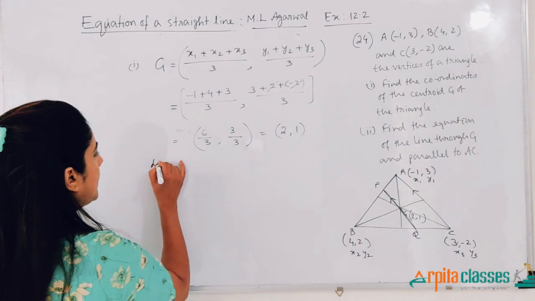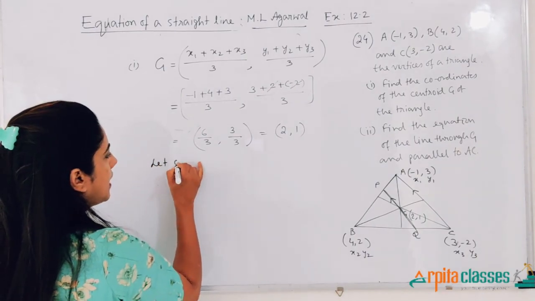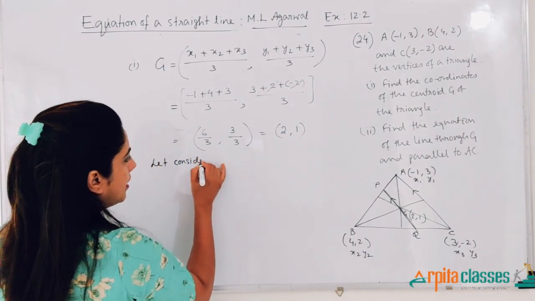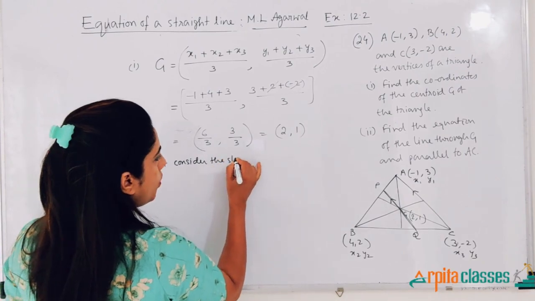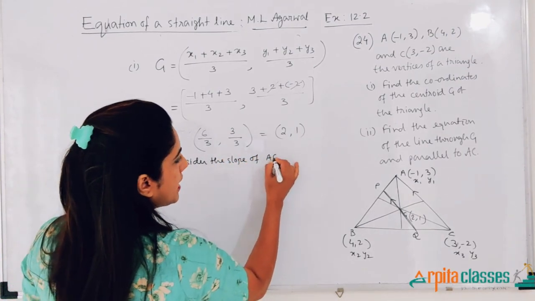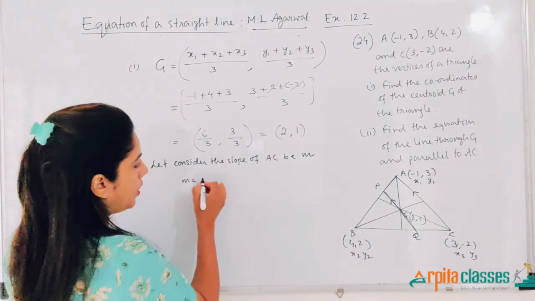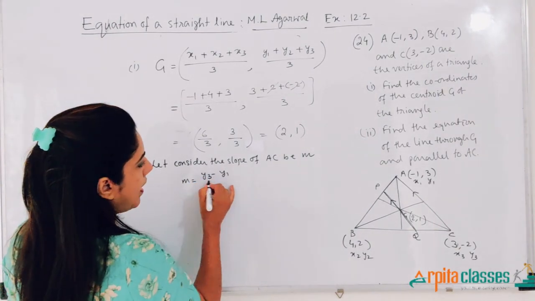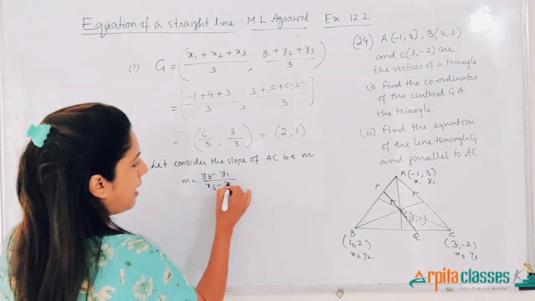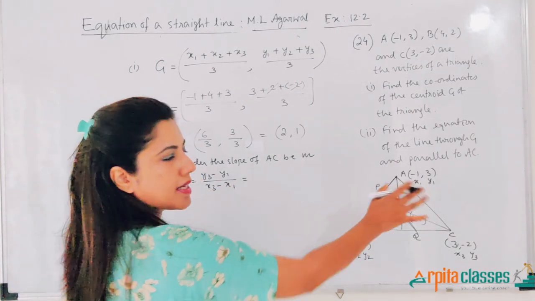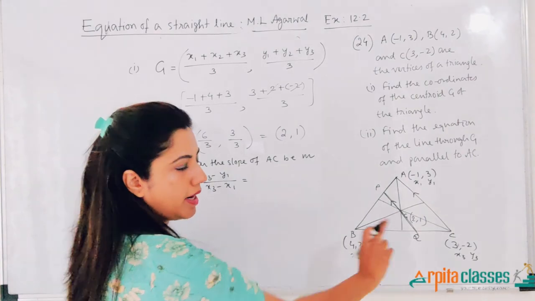So let us consider the slope of AC be m. So m is equal to y3 minus y1 upon x3 minus x1. We have already considered the points as x1, y1 and x3, y3.